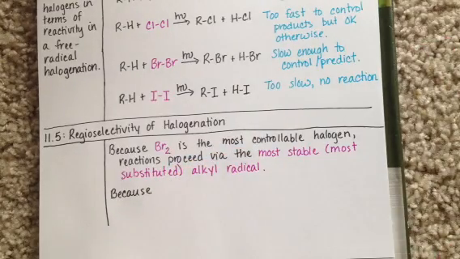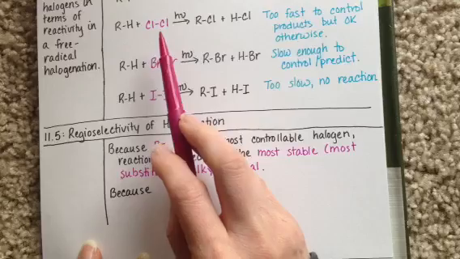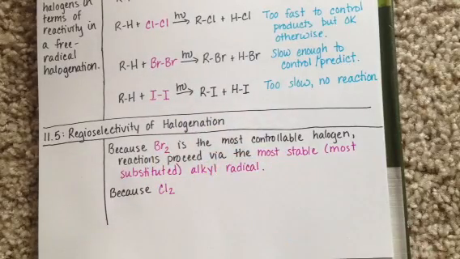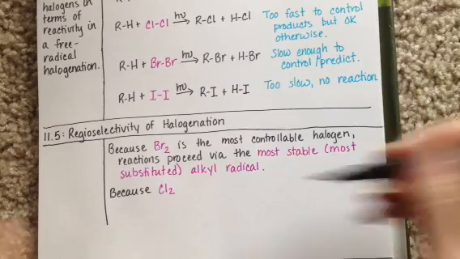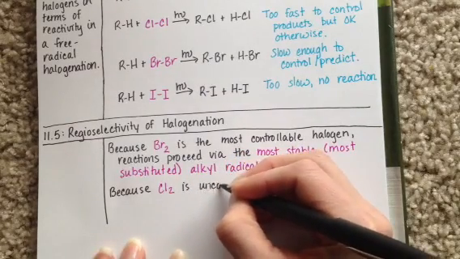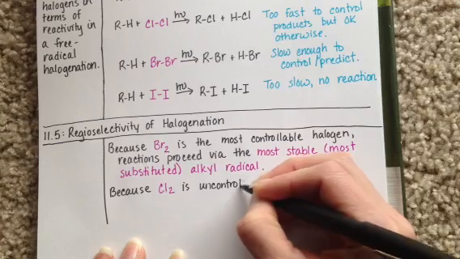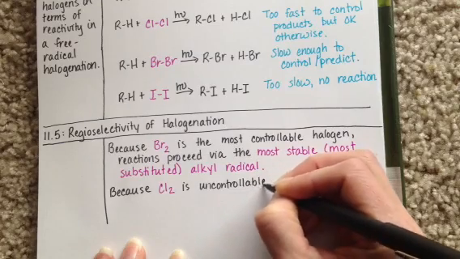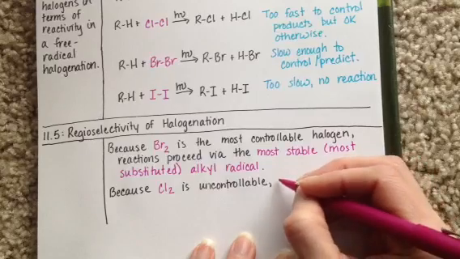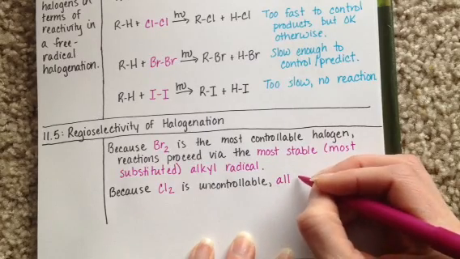Because the chlorine is a very unstable radical, not controllable, we're going to make all possible products, just as we saw in 11.3.